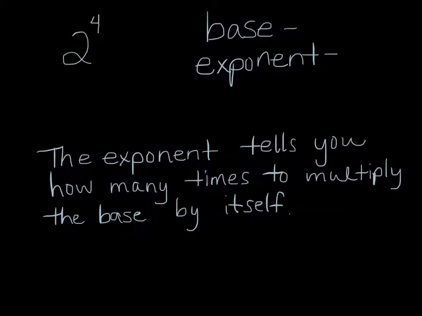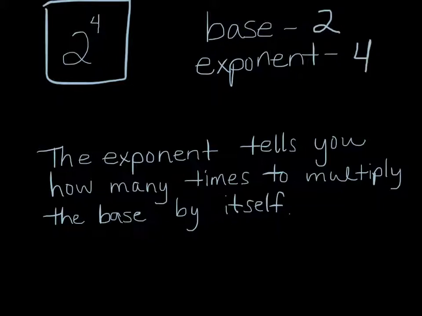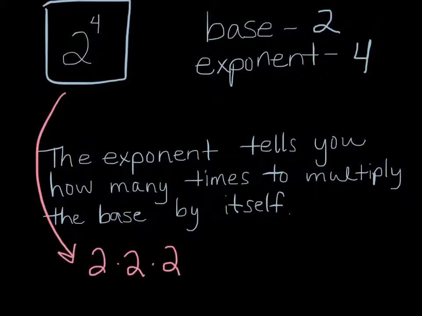In this example, I have 2 to the 4th power, so my base is 2, and my exponent is 4. The exponent tells you how many times to multiply the base by itself. So this means 2 times 2 times 2 times 2, which is 16. 2 times 2 is 4, times 2 is 8, times 2 is 16.